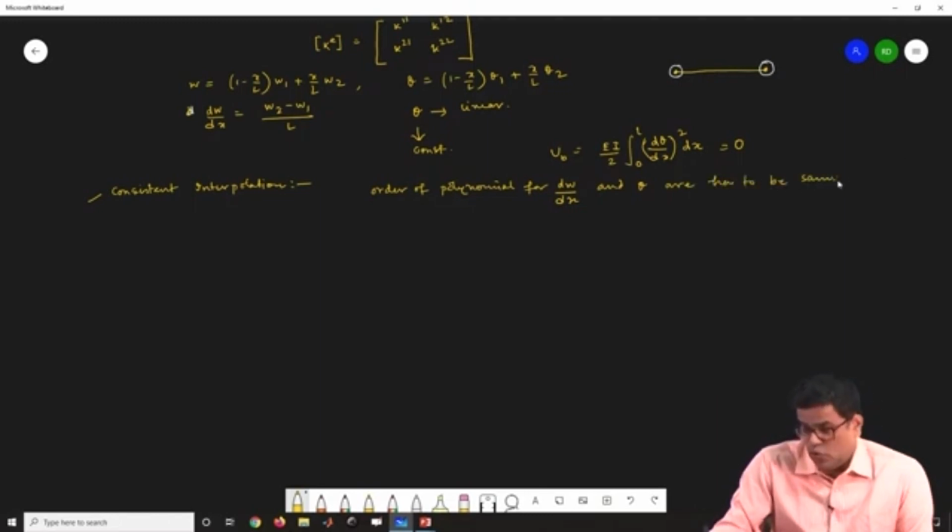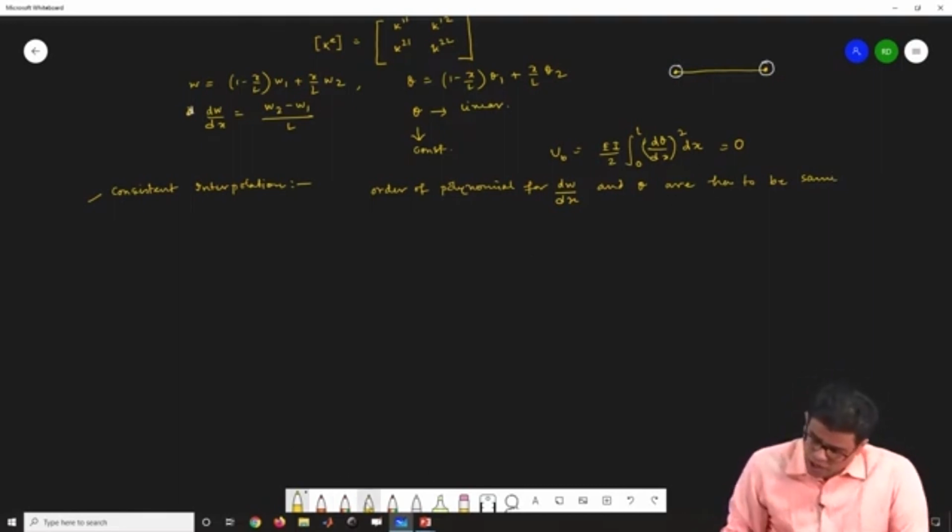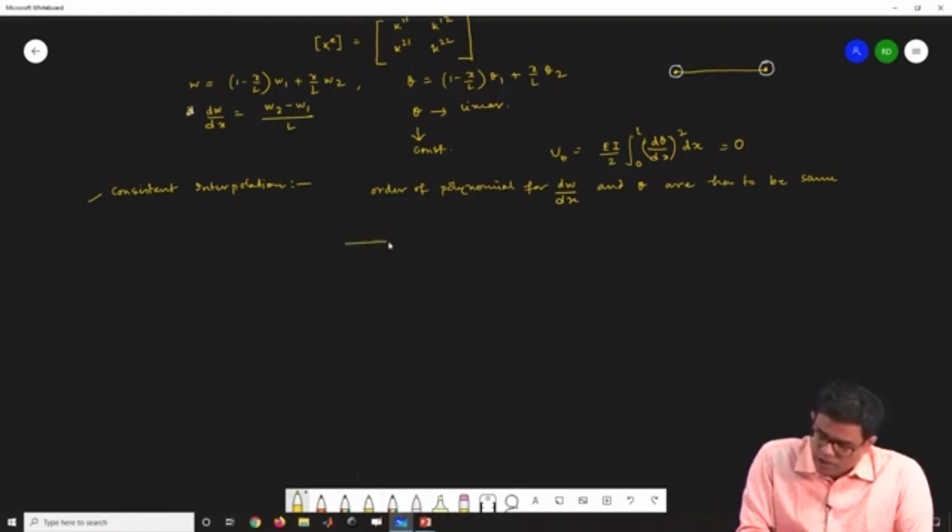So if this is true, then this problem can be alleviated. To do that, we used a little different element than we have usually used till now.